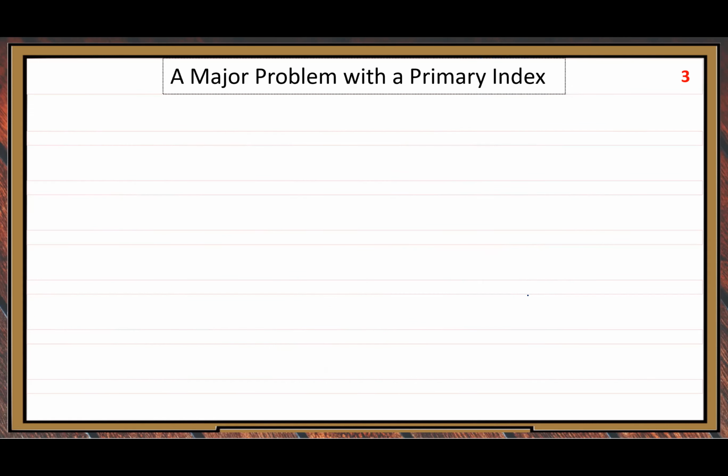Okay, then the last topic of this part. I want to explain a major problem with a primary index. Based on our understanding at this point, it looks pretty good.